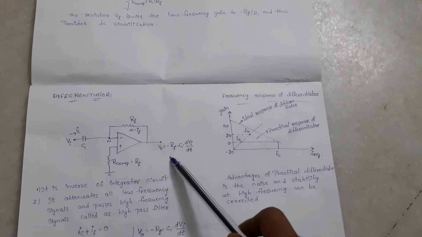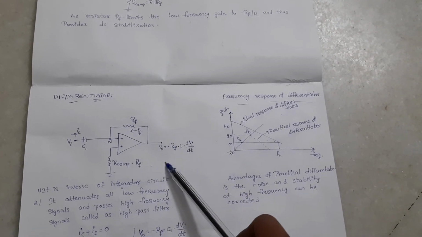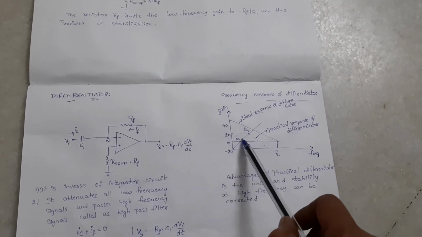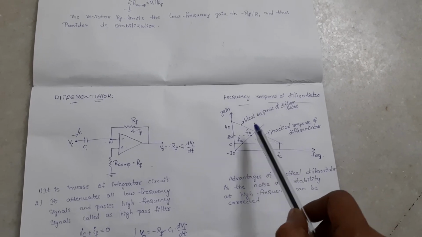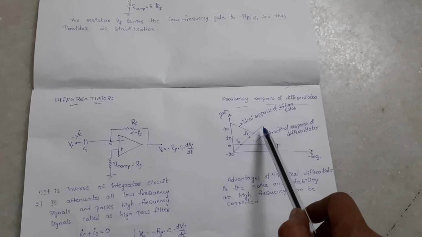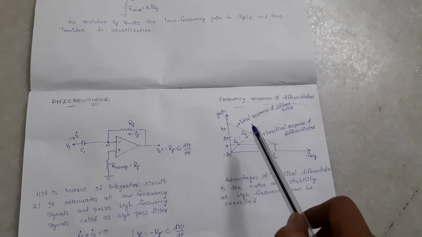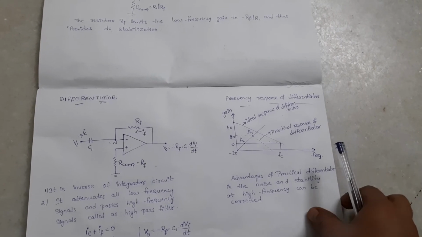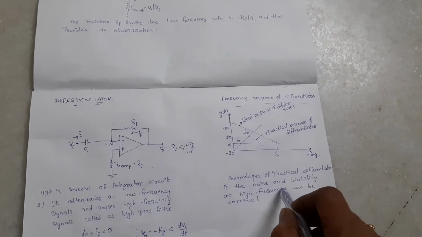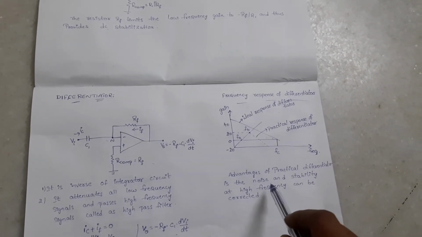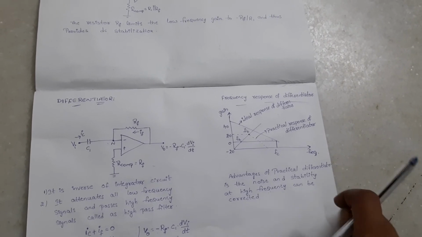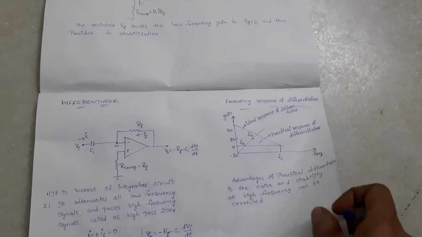So the main disadvantage with this basic or ideal differentiator is that as the frequency increases, gain is also increasing. At one point it becomes unstable. That's why we go for the practical differentiator circuit. The advantage of this practical differentiator circuit is that the noise is reduced as well as the stability is increased.